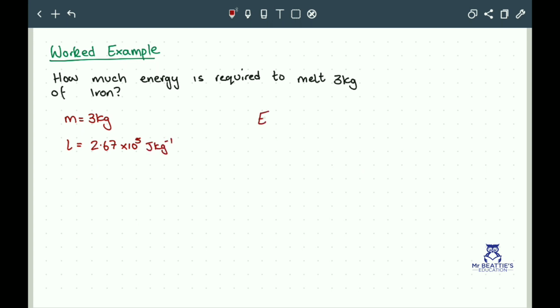Writing down our equation, EH equals mL, substitute in our values: 3 times 2.67 times 10 to the 5, which gives 801,000 joules, which is 801 kilojoules. And that was how you would solve a latent heat question.